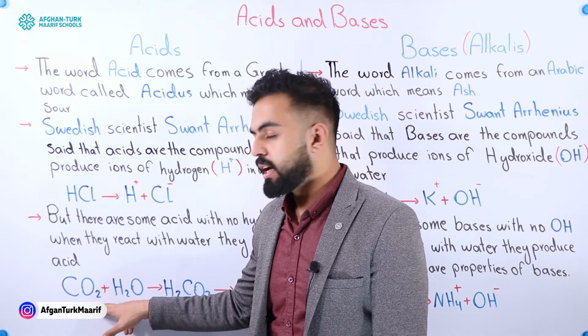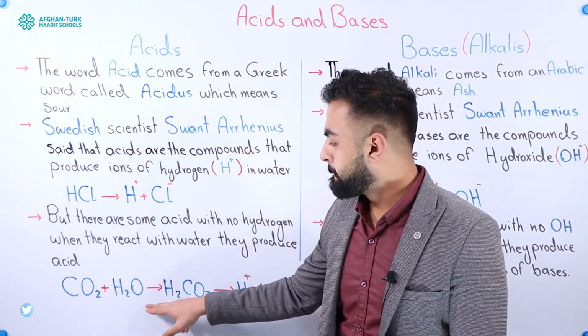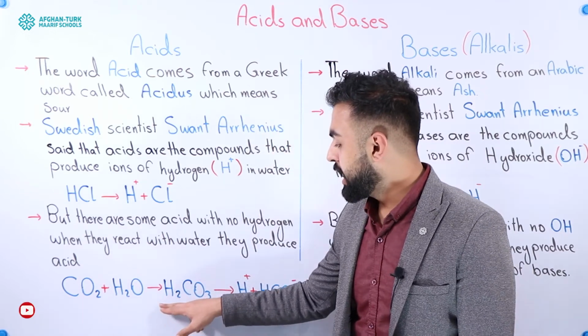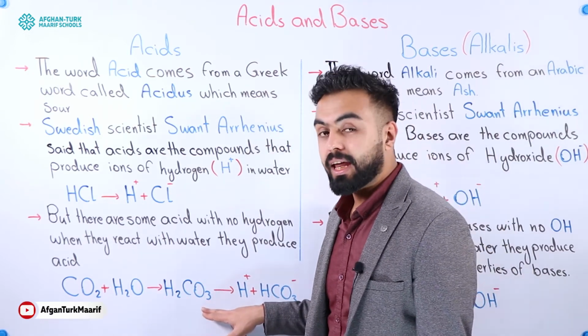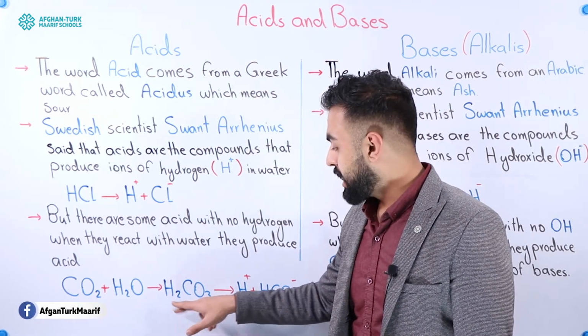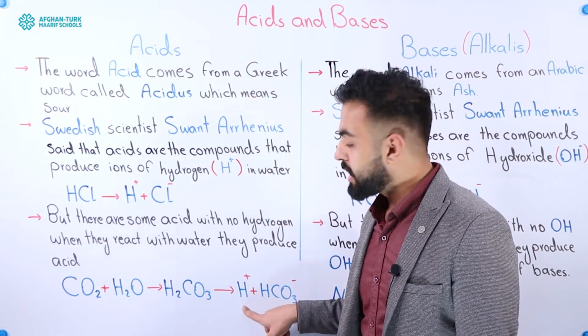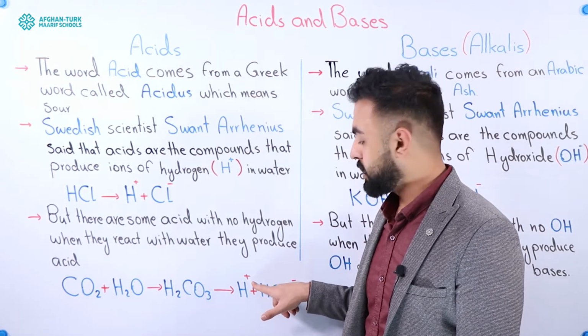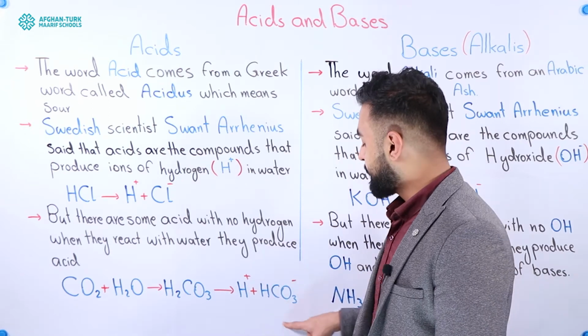Carbon dioxide that we studied reacts with water, and then after reaction it produces an acid. How do we know this is an acid? Because when we dissolve this in water, it will divide into two ions, the positive one, hydrogen, and the negative one.